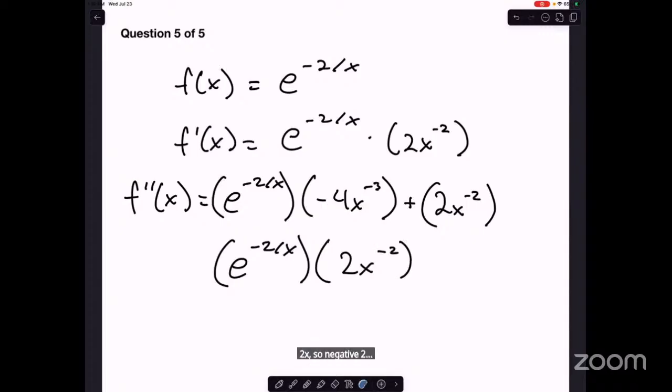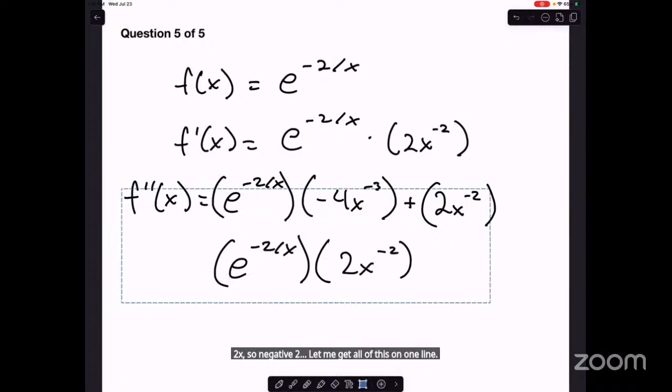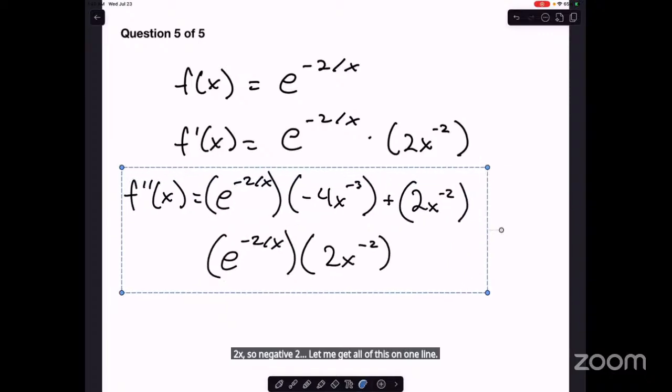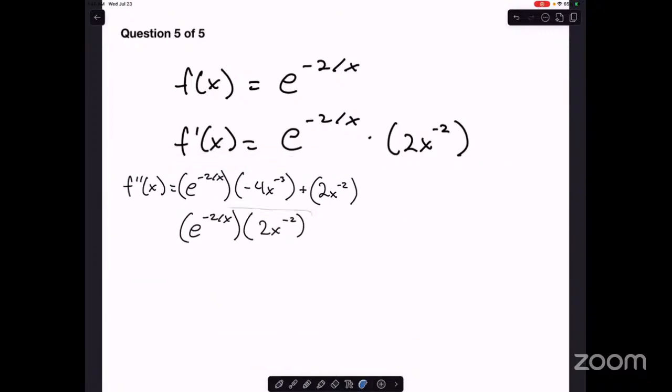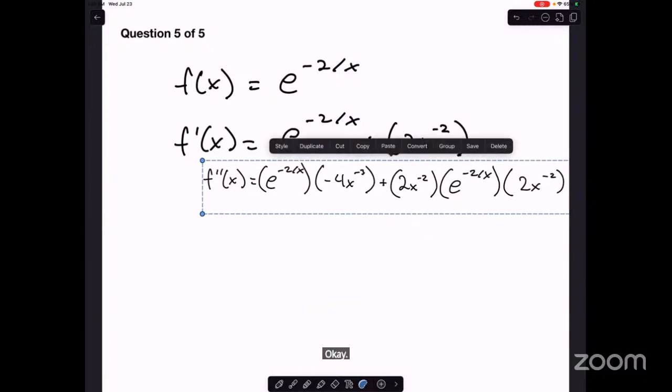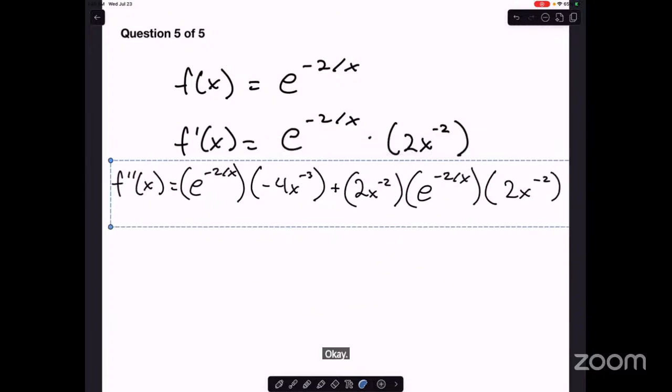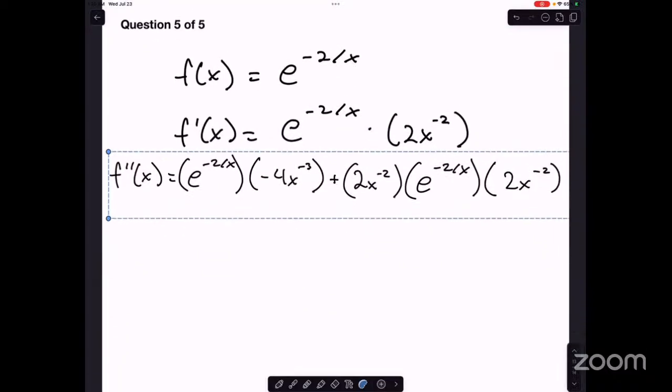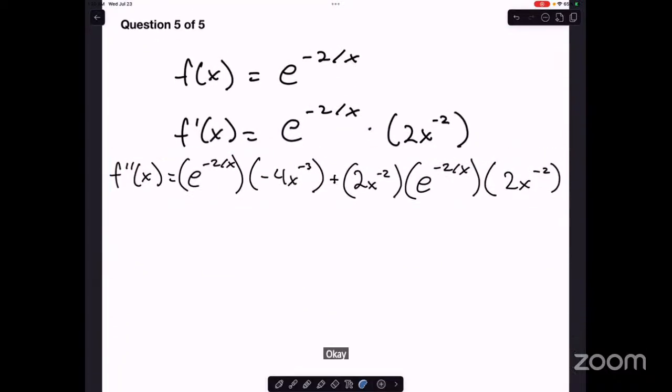Let me get all of this on one line. Okay, so we have our f prime and f double prime.